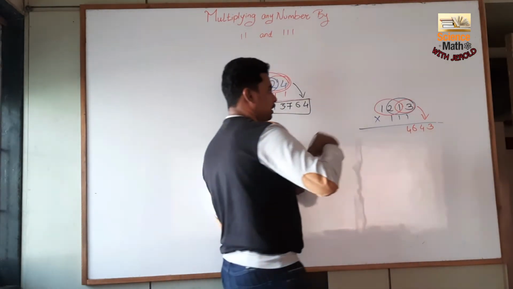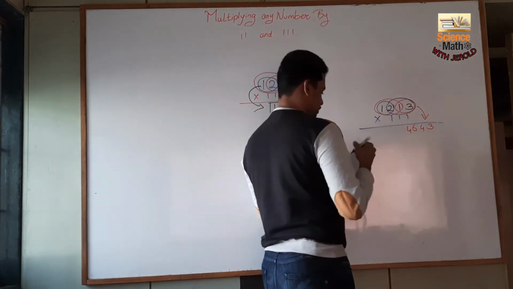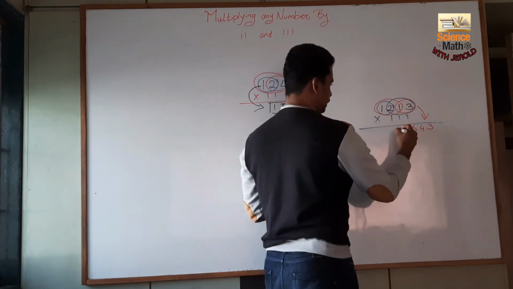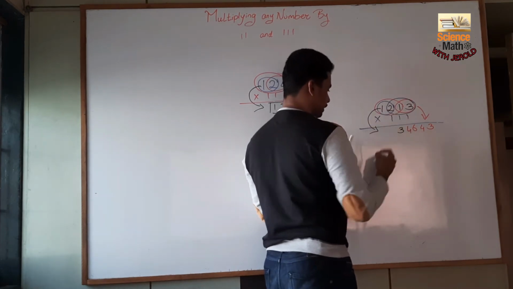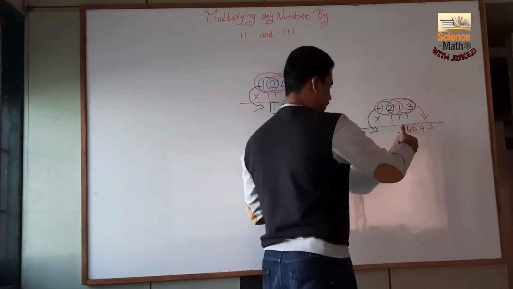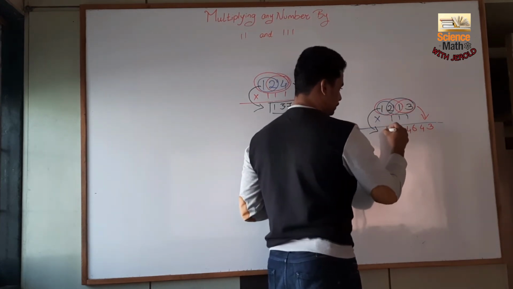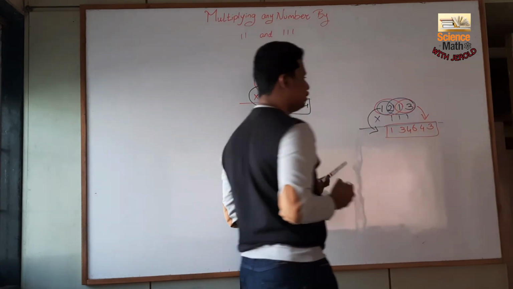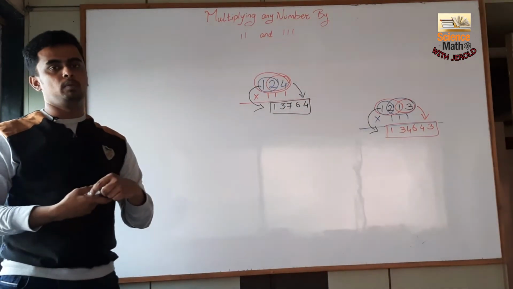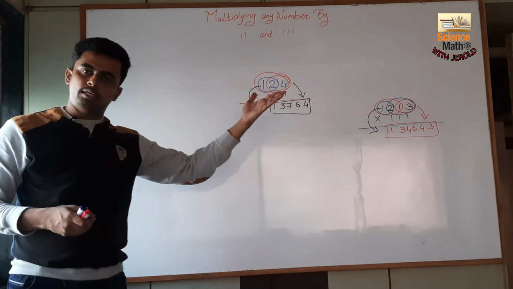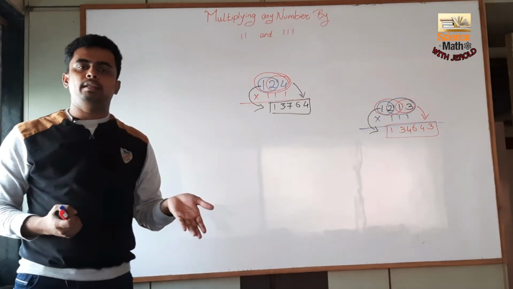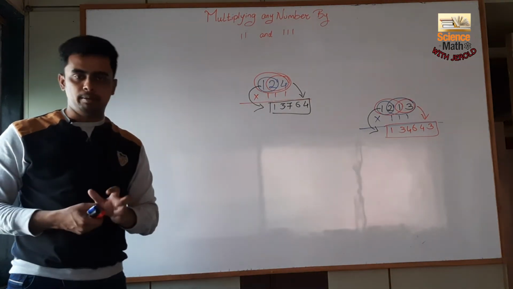Then comes again 2 digits, which will give me 3, and then the final digit will come down. So that will be my 1. So this is the multiplication of 1213 by 111. That is how you multiply 11 and 111 with any number in mathematics.